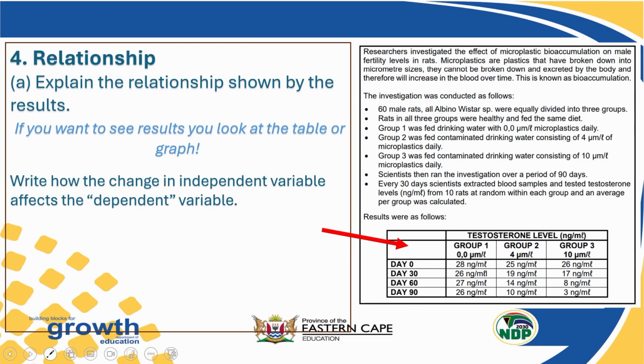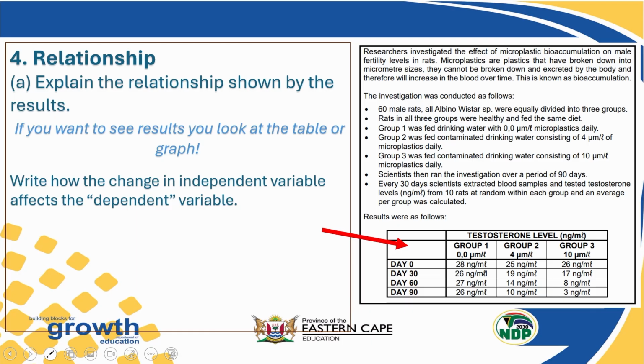Right, let's look at question 4 now. The relationship. We often need to explain the relationship shown in the results. Now, the relationship would be between the independent and the measured dependent variable in the results.